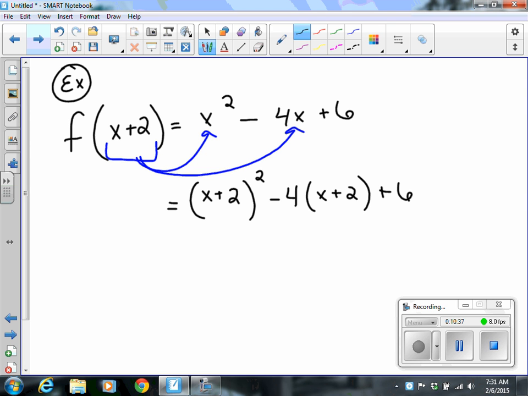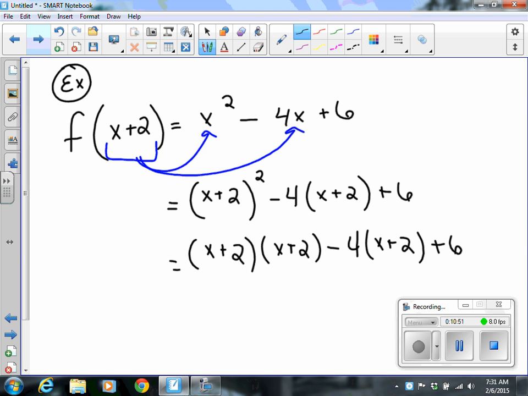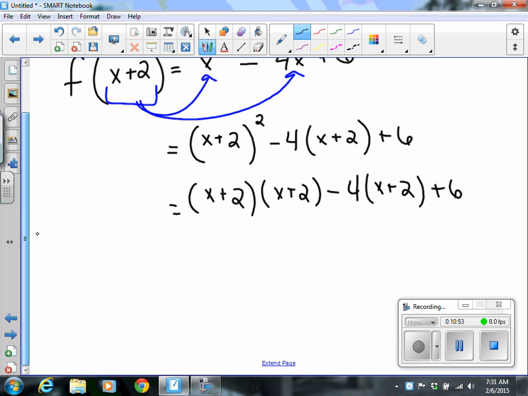Okay, so looking at this, I'm going to expand this x plus 2 because a lot of people just do x squared plus 4, and that's not actually the case. You need to expand it out. This is what we've been talking about all last chapter, what in science class you would call a Punnett square, or some of you might know it as the FOIL method. You need to make sure that you're actually expanding this out. So I have x squared plus 4x plus 4 minus 4x minus 8 plus 6.